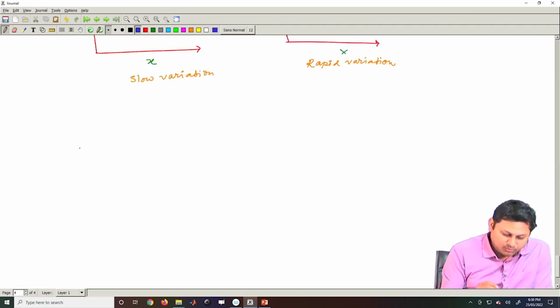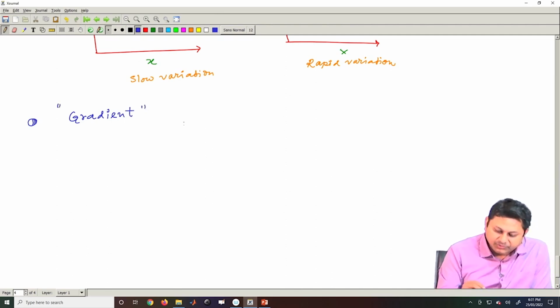So, with this note we can now extend the concept, and now the concept of gradient appears here. So, now we are going to understand the meaning of gradient. Suppose, we were discussing a one variable function, but let us consider a function T varying with x, y, z.